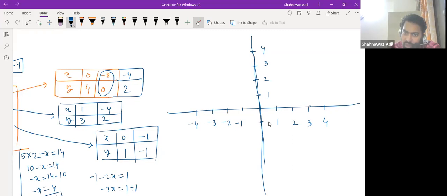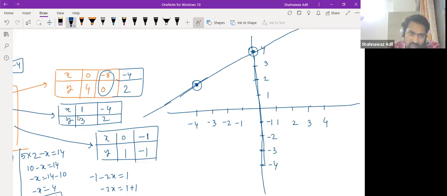This is minus 1, minus 2, minus 3. Okay, now first we have to draw 0, comma 4. So 0, comma 4, this one, and then minus 4, comma 2. So this one. This is one graph.